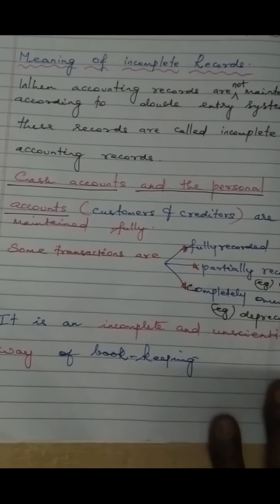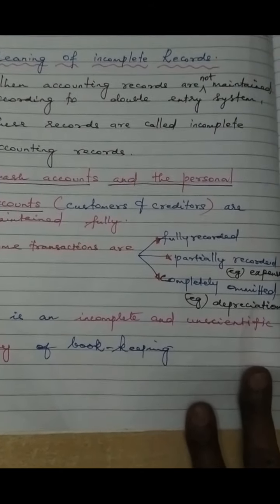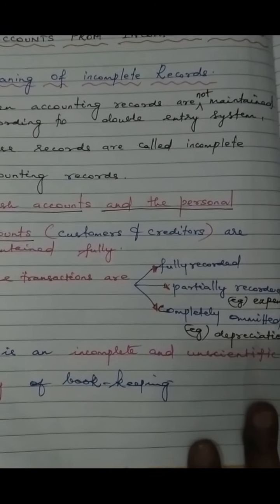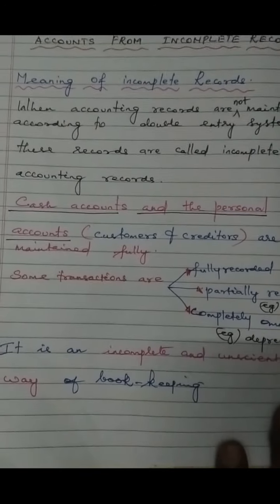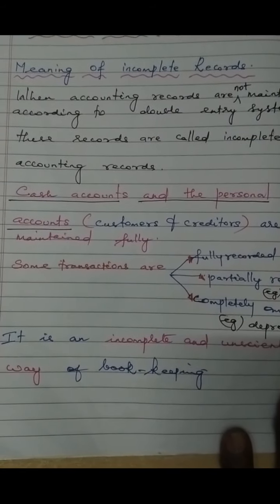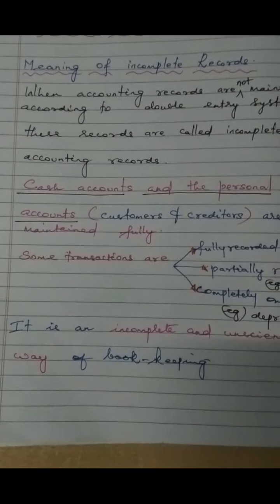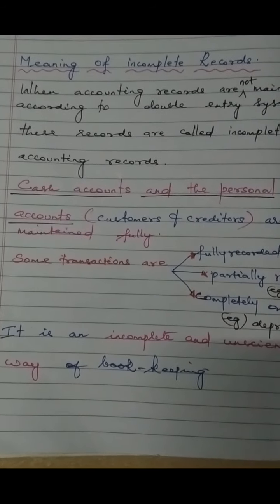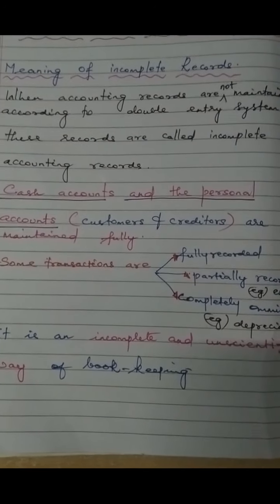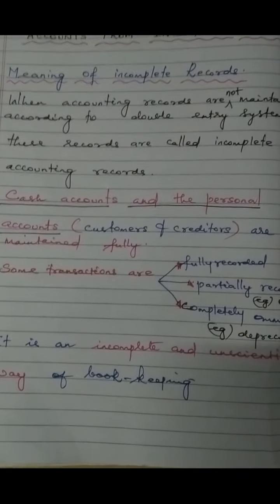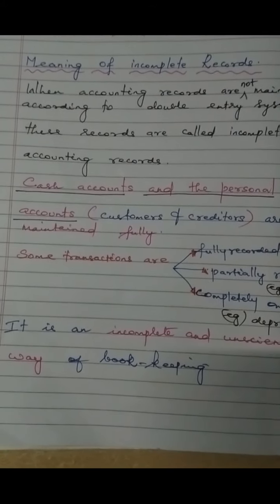In incomplete records, only two accounts are fully maintained. They are cash account and the personal accounts. Personal account here means customer's account and creditor's account. So in incomplete accounting records, only cash accounts and the personal accounts are fully maintained. The real and nominal accounts are maintained according to the need.